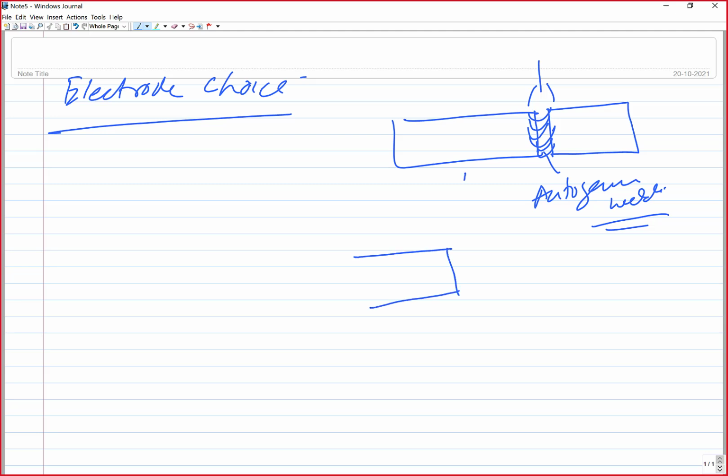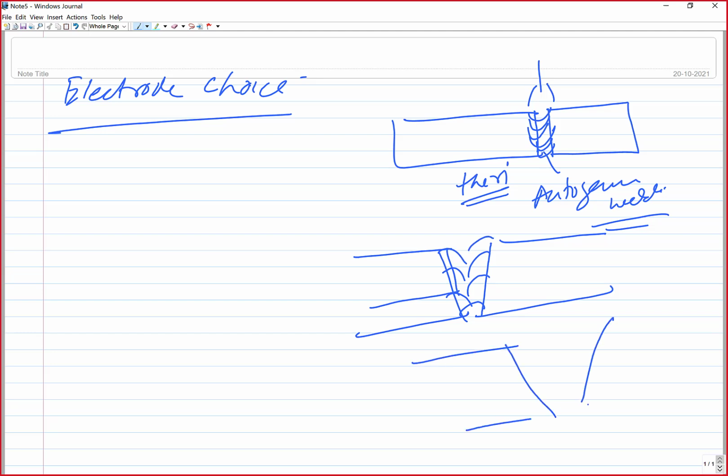This is good enough for thin sections, but when you find that it is a thicker one, where the thickness is more, you have to feed the molten metal from outside, because you have to prepare a groove like this, and then these grooves need to be filled so that through-thickness penetration can be realized.